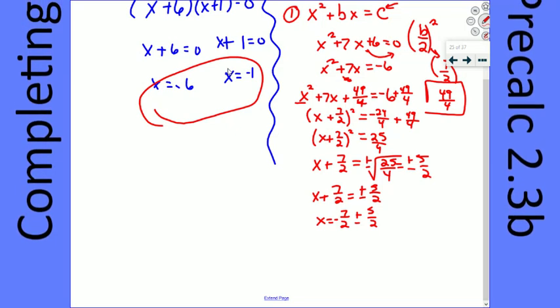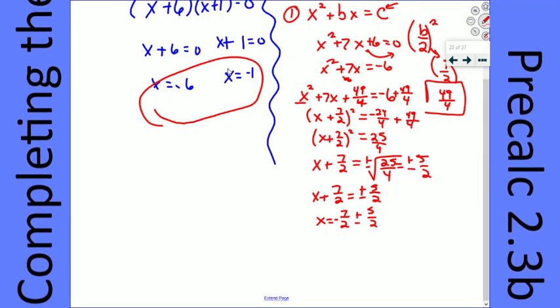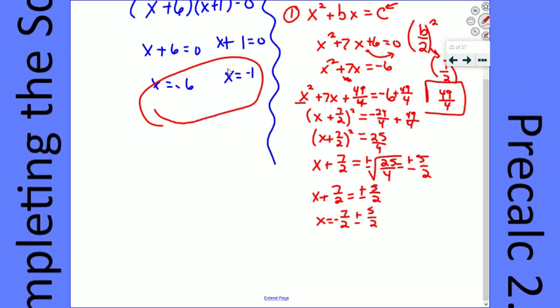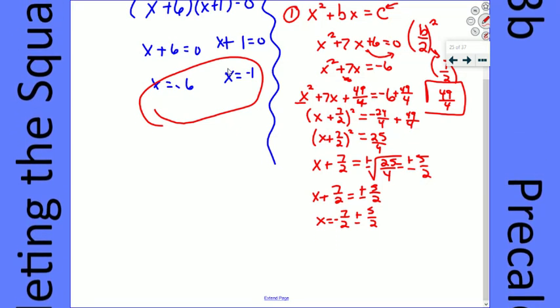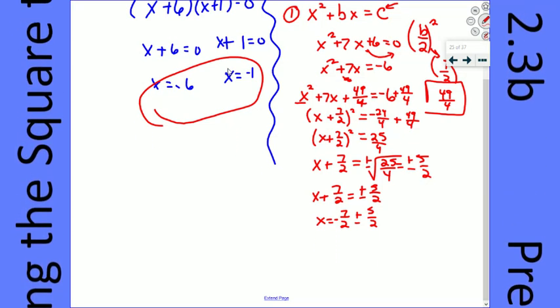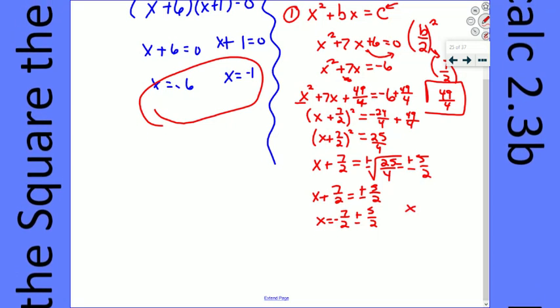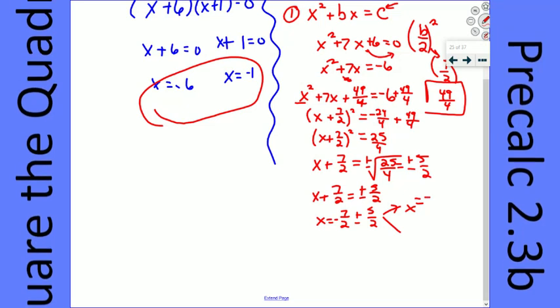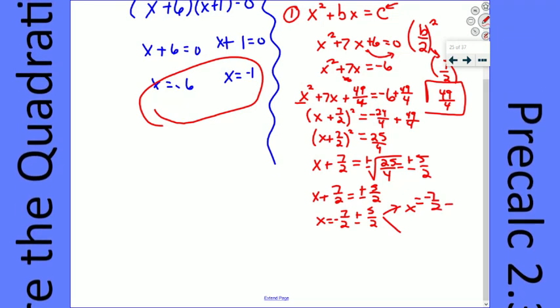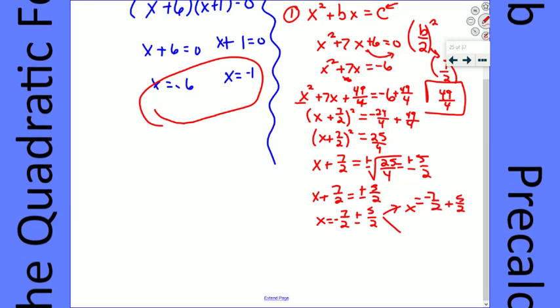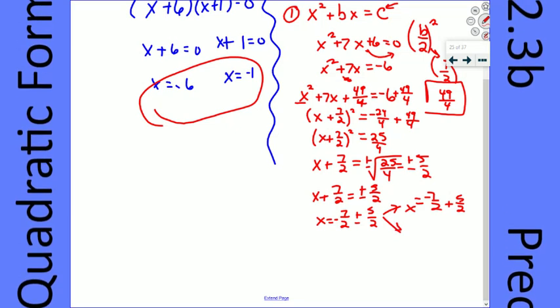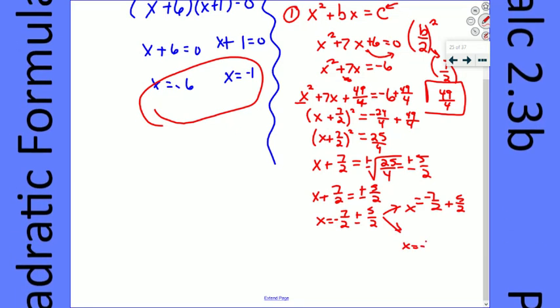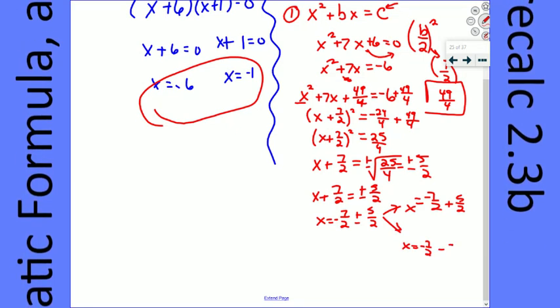So once we're here, I have negative 7 halves, and we're going to do the top part of this first. x is going to split into 2 things. x equals negative 7 over 2 plus 5 over 2, or x equals negative 7 over 2 minus 5 over 2.